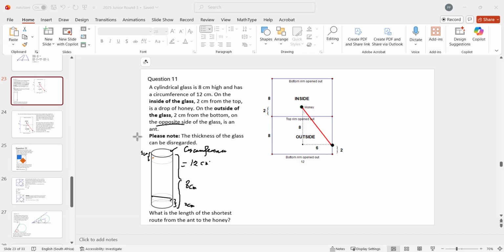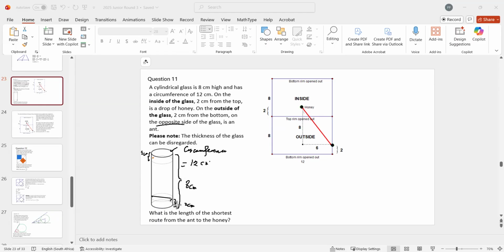And this is not an easy problem. I must admit that I took a long time to solve it. I'm not even sure whether I did solve it. But this diagram here explains everything. So what you do is you take this cylinder. The shortest distance is always a straight line.